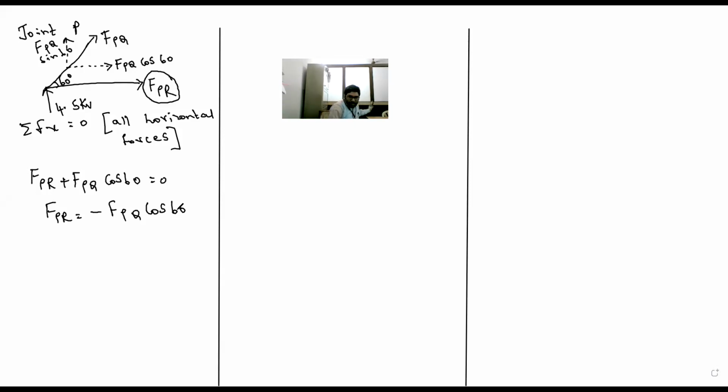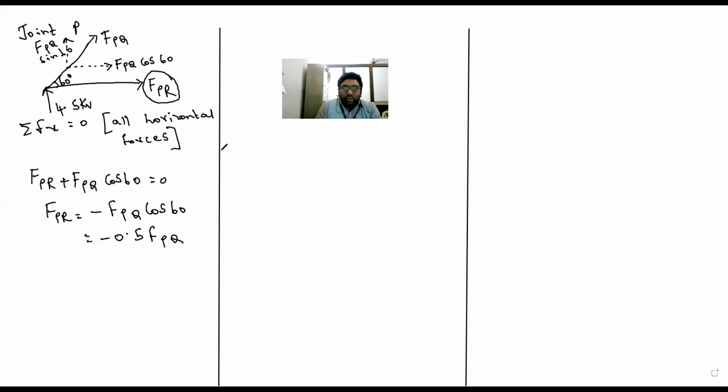Yes, 1 by 2. Cos 60 is 1 by 2. So that means FPR is equal to minus 0.5 FPQ. That's the first step. Very good.